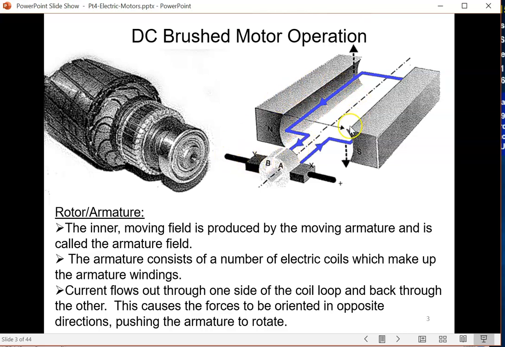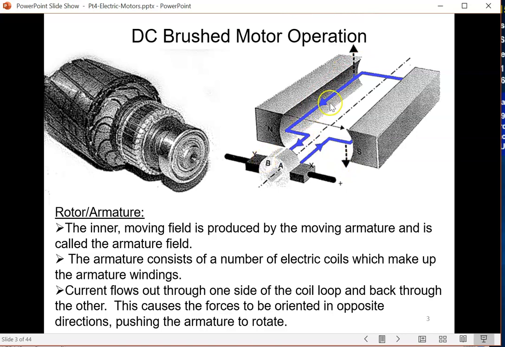Now, the interaction between the current in the armature winding and the magnetic field produced by the magnets, or the field winding, on the stator produces forces. So, for example, on the near side, the force is coming down because of that interaction between the magnetic field and current.